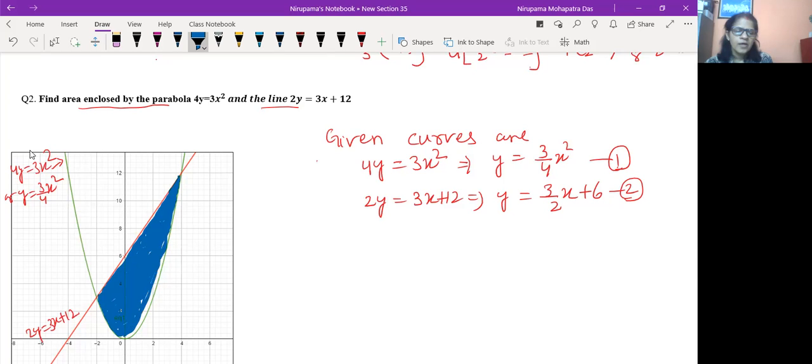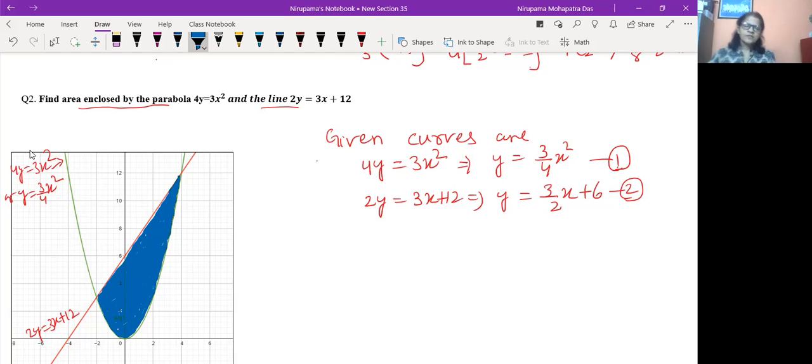Similarly, whenever you get y square equal to 4ax form, the axis is along x axis, right? And in y square equal to 4ax, if a is positive, the parabola opens towards the positive direction of that axis.